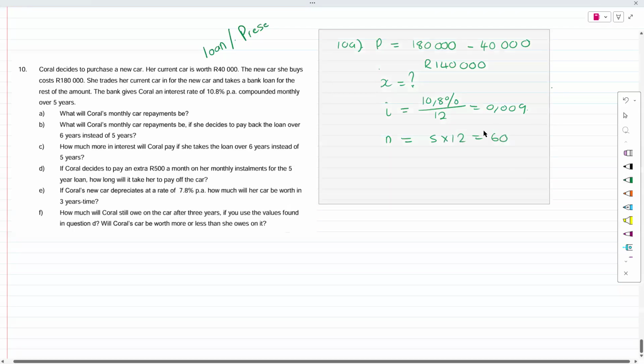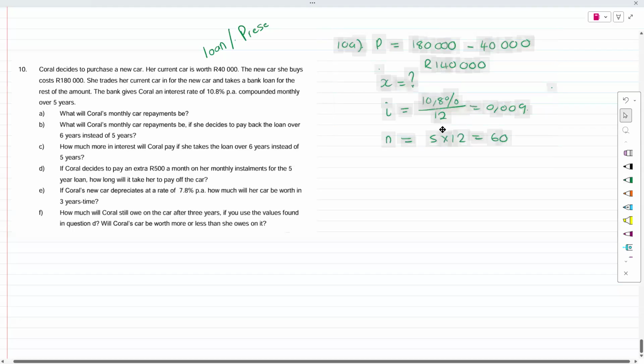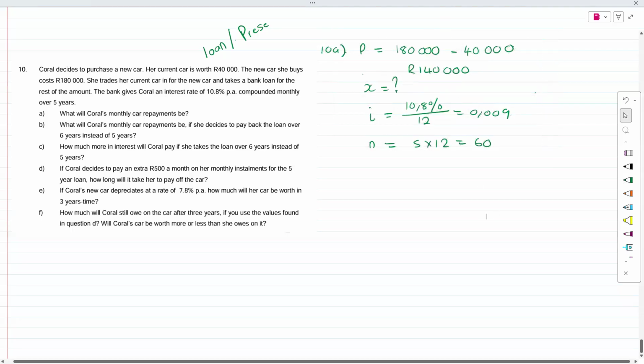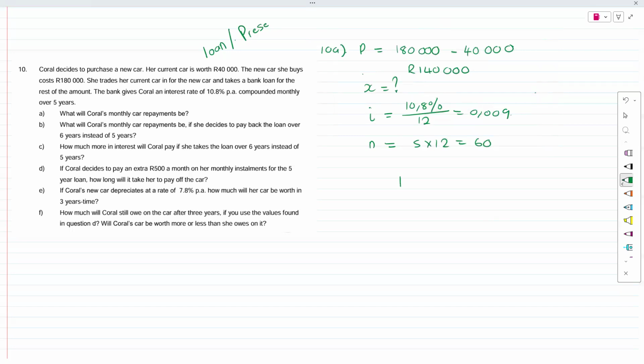Now, what's going to happen is we're just going to do present value. Quite simply, P is equal to X into 1 minus 1 plus I to the power of negative N all over I. And we're going to end up solving for X.